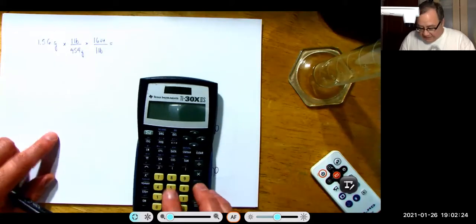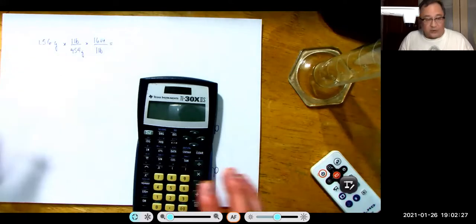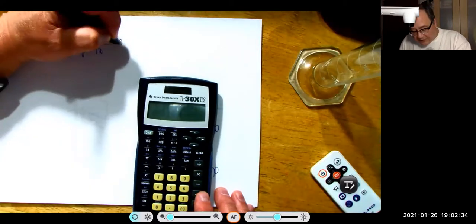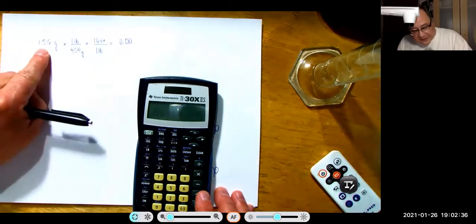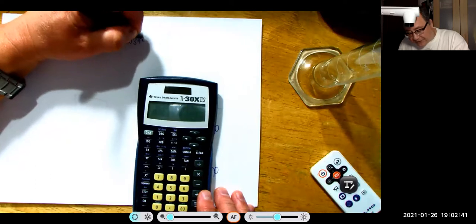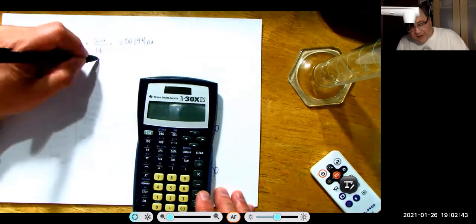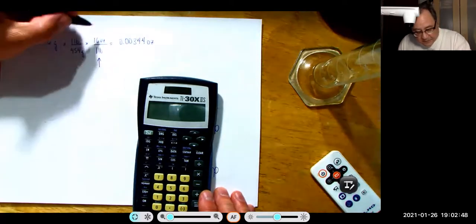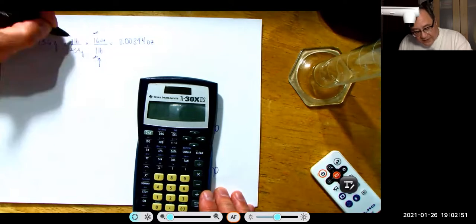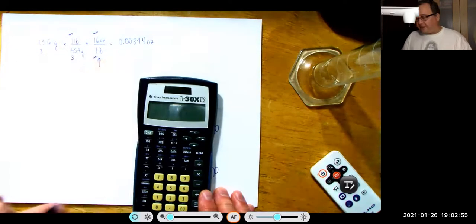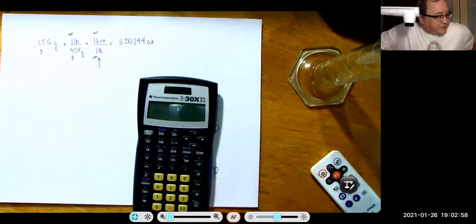Now you can see I clearly invented this number up. I don't know how much your ruler weighs. So I get 0.00, and since this has 3 significant figures, 344 ounces. This is defined, so we've got infinity significant figures here and here. This one has infinity sig figs, and this has 3, and this has 3, so we end up with 3 significant figures. Now I'm going to ask you to wait for just a moment here.